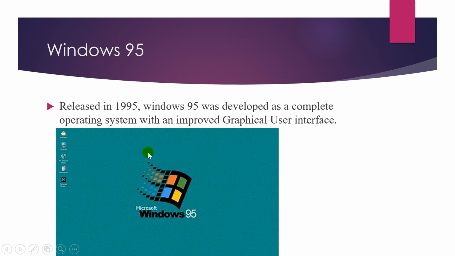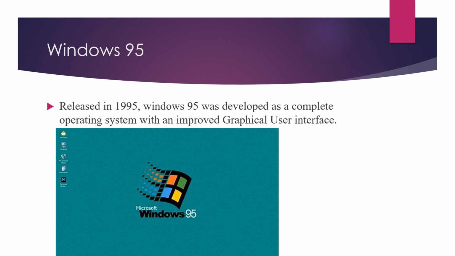The next one is Windows 95. After Windows NT, it was released in 1995, which is why it is called Windows 95. It's very simple. Windows 95 was developed as a complete operating system. It wasn't just the user interface, it wasn't just the network.